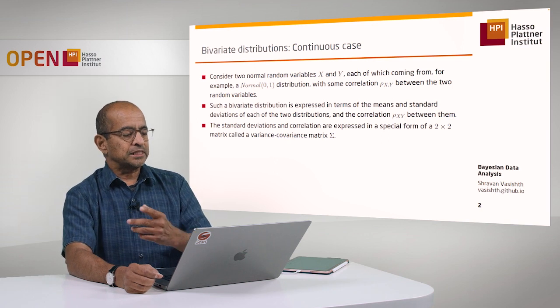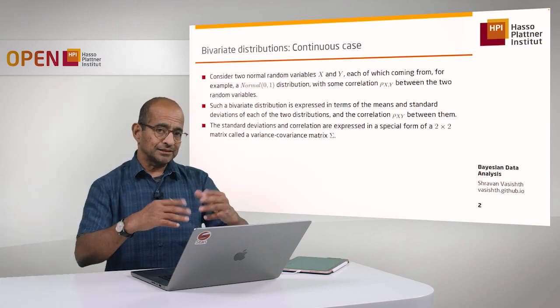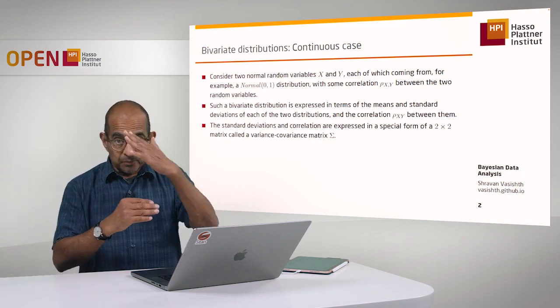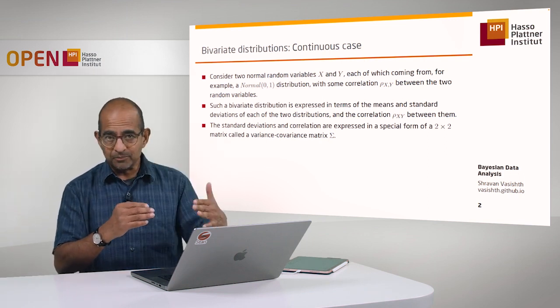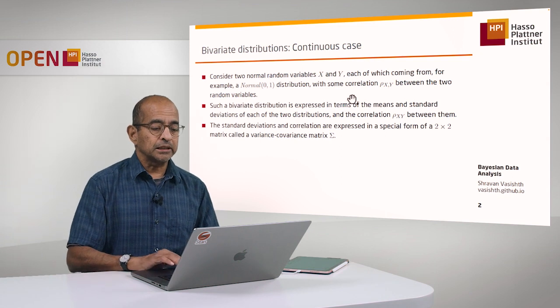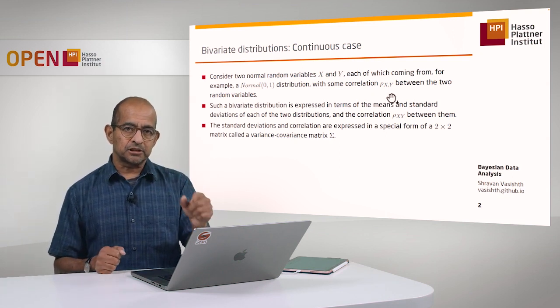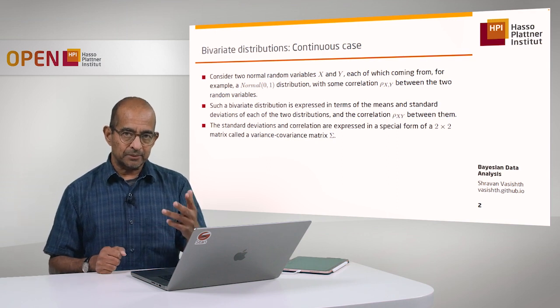And so what I'm saying here is that you've got two random variables. In this case, both of them are standard normals, but they have a positive correlation or negative or some correlation between them, which I'm calling rho xy. I generally put the subscripts for the random variables that I'm talking about.